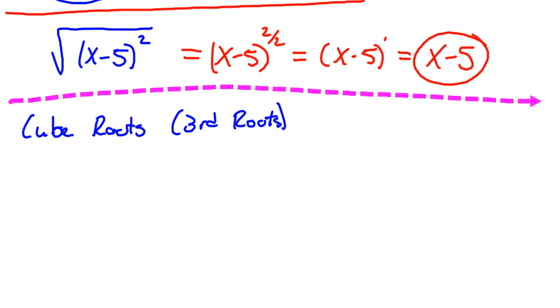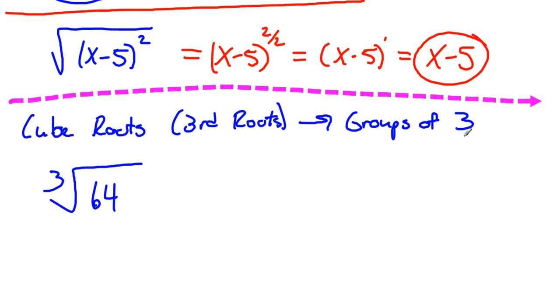And if you're doing the third root of something, let's take the number we had before. Before we had the square root of 64, now we'll look at the cube root of 64. If you're doing cube roots or third roots, that means now everything is in groups of 3.